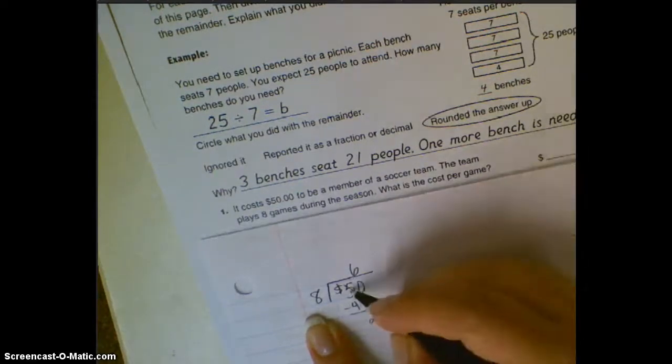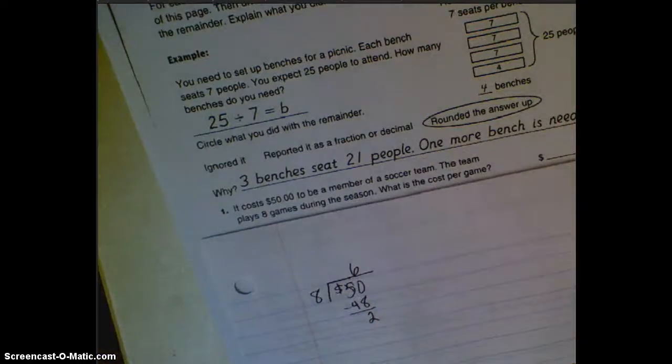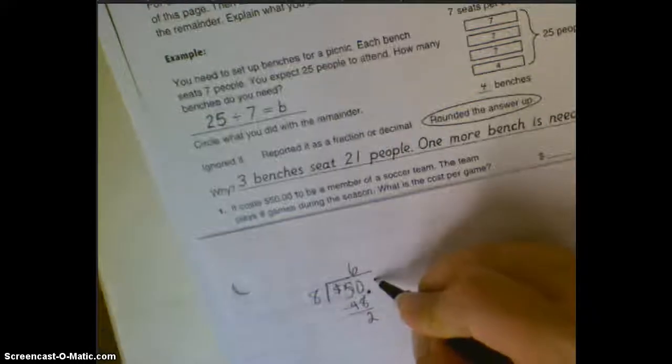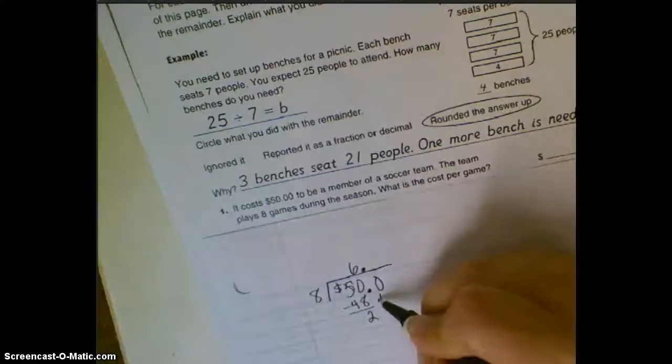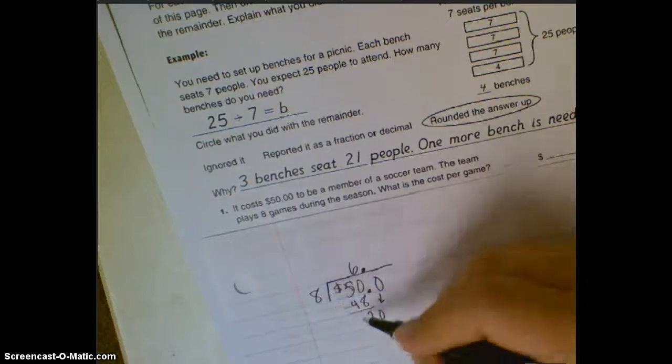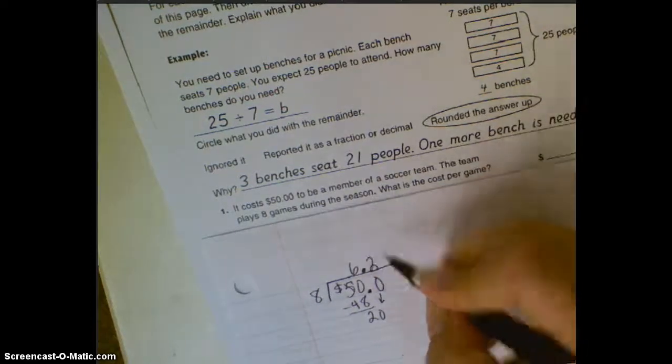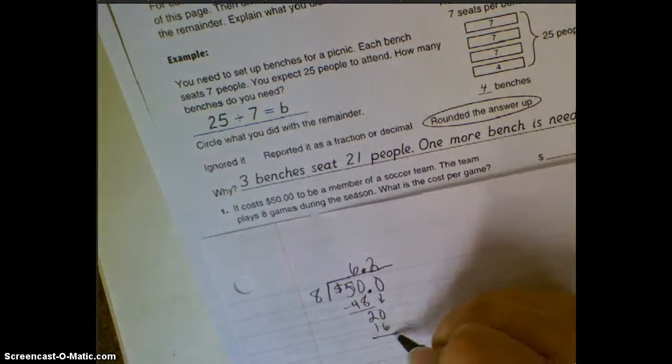I could do some regrouping if needed. Now, being this is money, because I had a dollar sign, I could put a decimal and a 0 because it is money. If I do that, though, I need to make sure I put my decimal straight above it. Now I can bring that down, and 8 goes into 20. How many times? Let's see. 2 times would make it 16, and then I subtract, and I get 4.